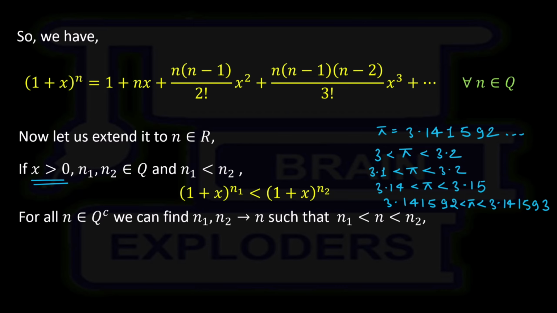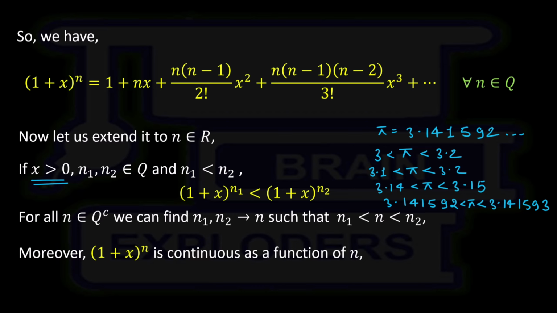So it means this formula is working on both the hand sides of pi and very near to pi, which means the limit is existing. And also, since 1 plus x raised to the power n must be continuous, with this fact we can say that its value at pi must also be equal to the series or the limit which we will find on both the hand sides.